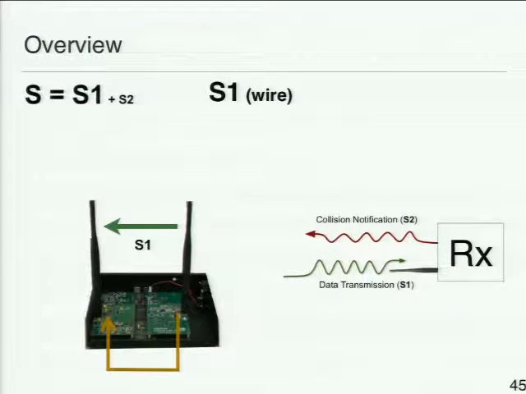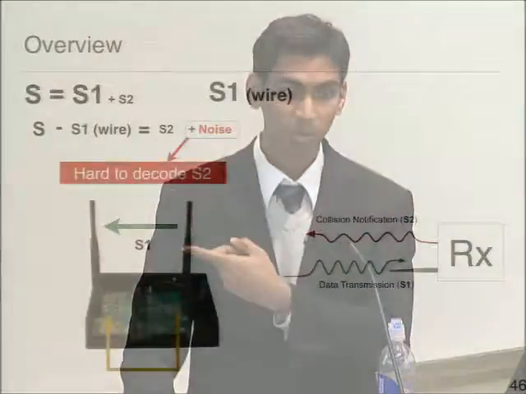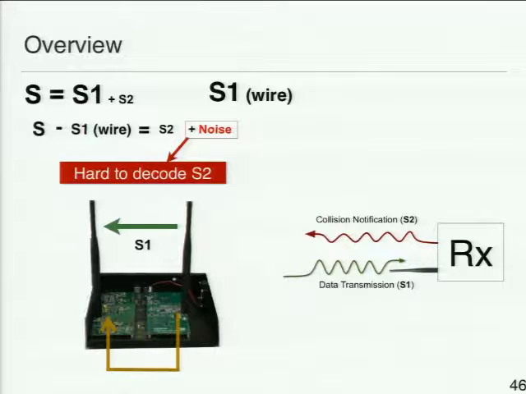At the listen antenna we have two signals, one over wireless, which has the transmit signal as well as the collision notification signal, and one over wire, which has the transmit signal only. So if you subtract, of course you will get S2, but then you will also get a lot of noise. Why? Because the S1's copy over wire is only an approximate of the wireless copy, because wire and wireless propagation is not the same. So because of this noise, it will become very hard to decode S2.